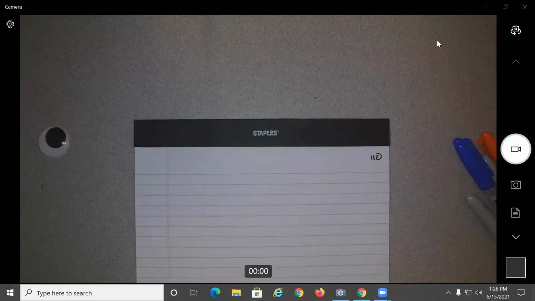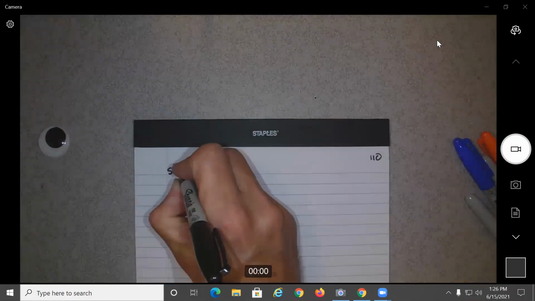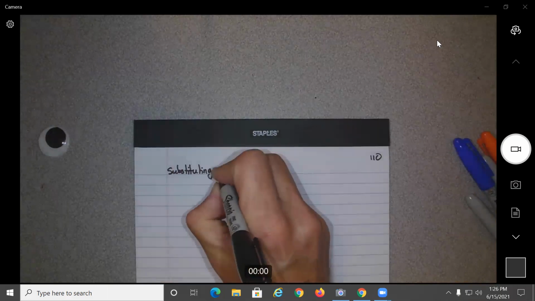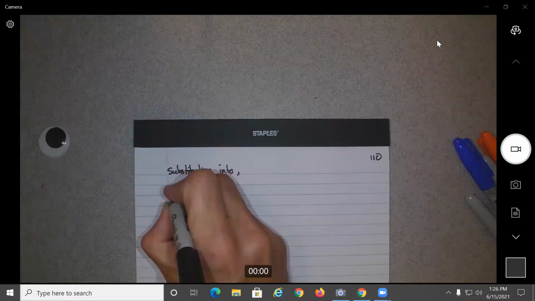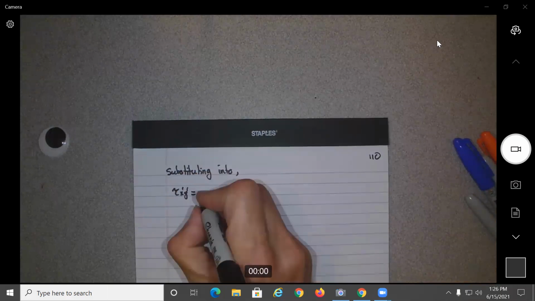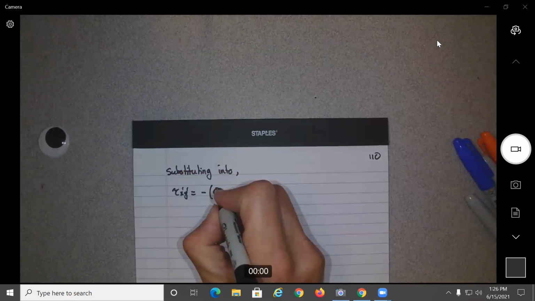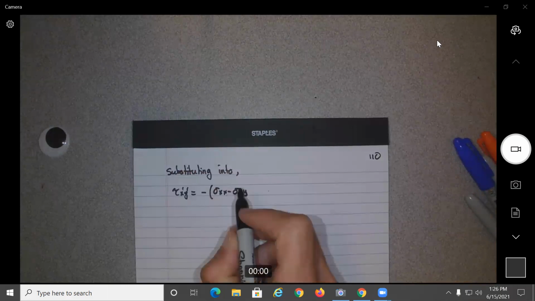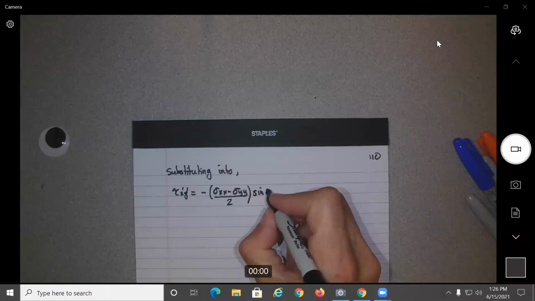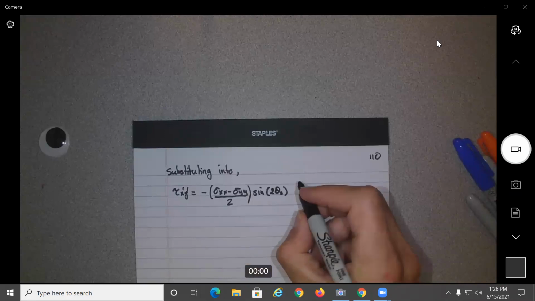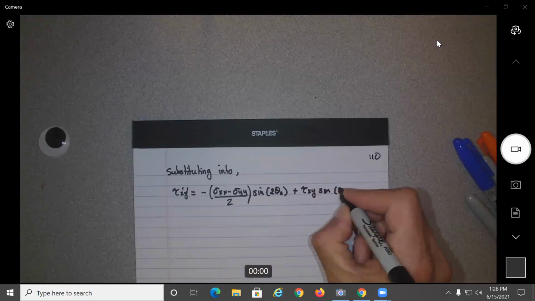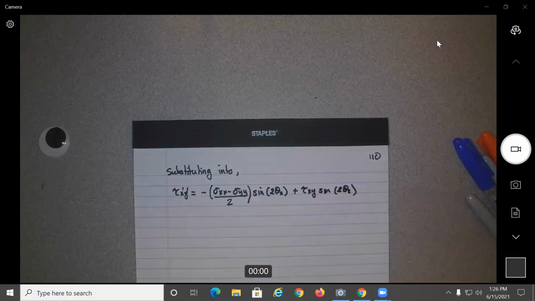Here we are going to substitute into the shear equation, so substituting into tau x prime y prime equal to minus (sigma xx minus sigma yy) divided by 2 times sine 2 theta s plus tau xy times sine 2 theta s.